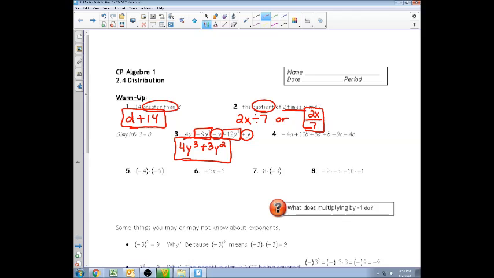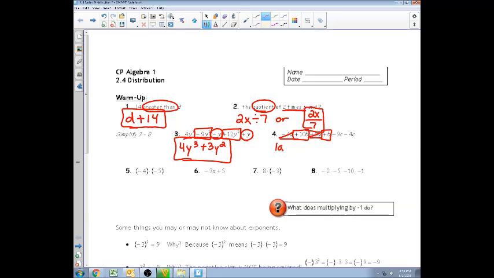Number 4, again, we're just combining like terms. The first thing we run into is a negative 4a. We're going to combine that with the positive 5a. So what's negative 4 plus 5? Well, it's going to be positive 1. I could write that as 1a, or you could just write that as a. Next thing I run into, on this one you may want to cross some things out, the positive 10b and the positive b.